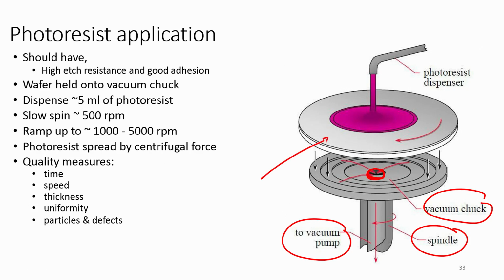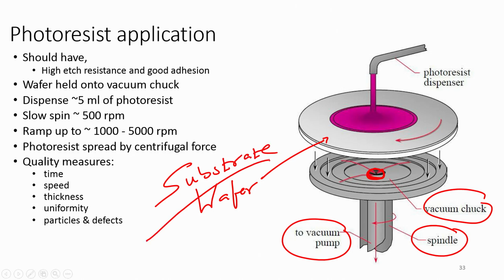This is the wafer, we can also say substrate, and the substrate is held onto this vacuum chuck with the help of vacuum, and once it is held through vacuum, then we start dispensing photoresist.